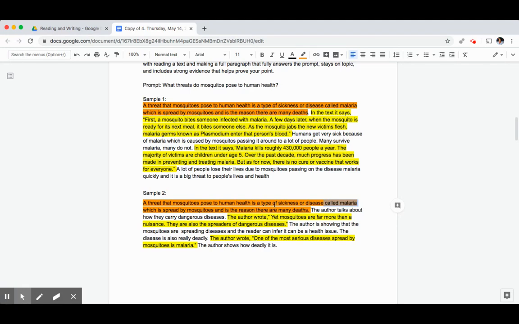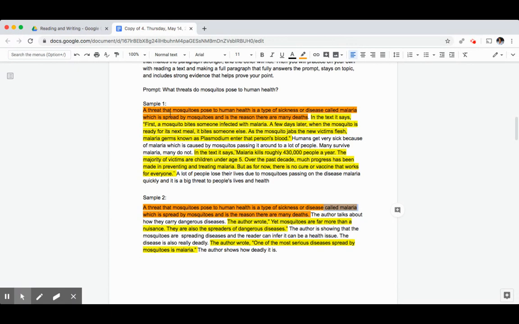Well, you had already stated that in your assertion. Your evidence should be something more specific, something that actually proves to your reader why mosquitoes are a threat, maybe something that shows how malaria is spread or how it affects the humans that contract it.